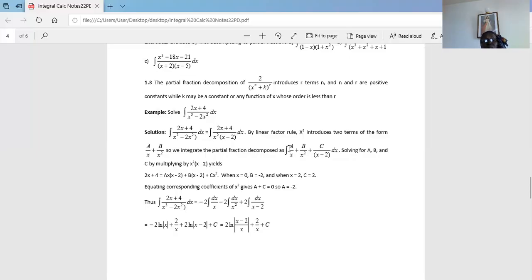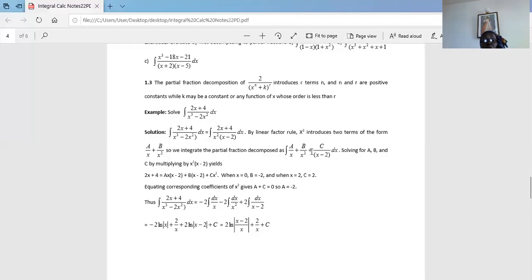Or you can decide to make integration simpler. You subdivide and write it as a over x plus b over x squared, not bx. It is just b, because combining this will give us ax. So subdividing, it's not bx. That would give you a wrong function, which is not the same as what we have there.